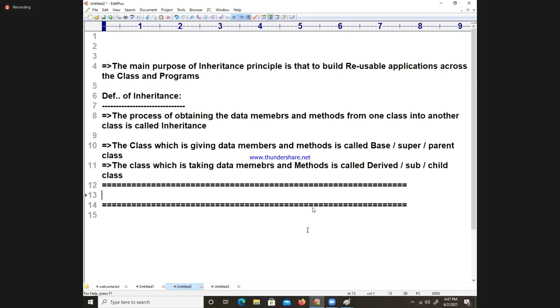Derived classes, subclasses. Now one more example: your parent and you. Your parent is called the base class and you are called the subclass. Excellent.